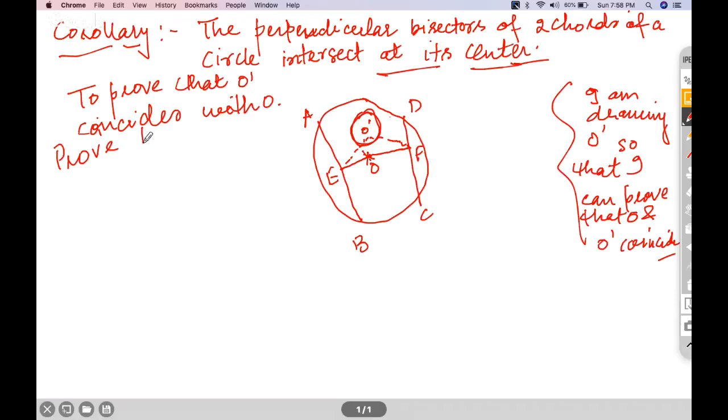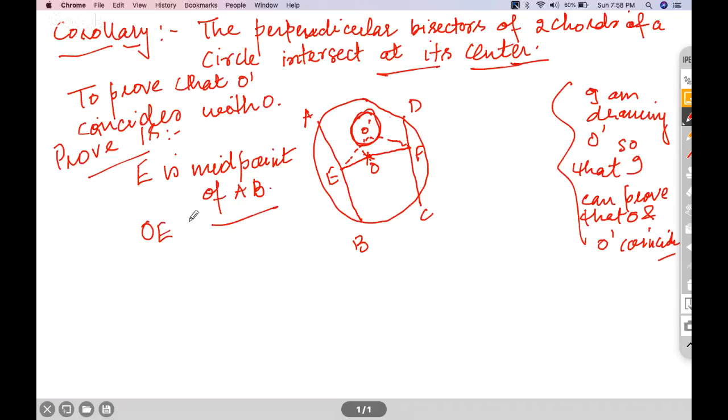So the proof is: E is the midpoint of AB. Now I just told you that E is the midpoint of AB and OE is perpendicular to AB, and O dash E also is perpendicular to AB.